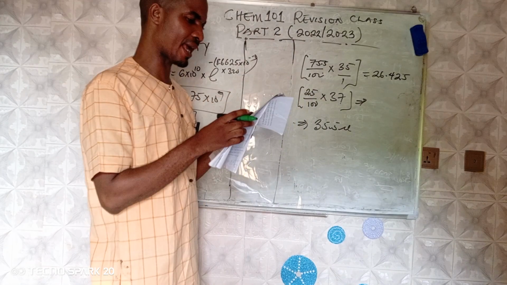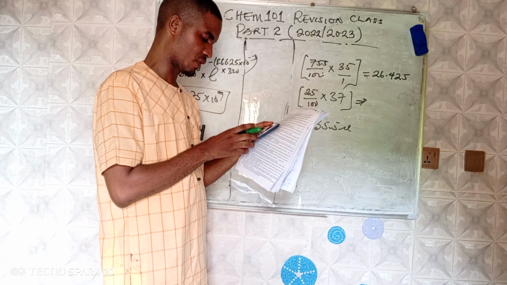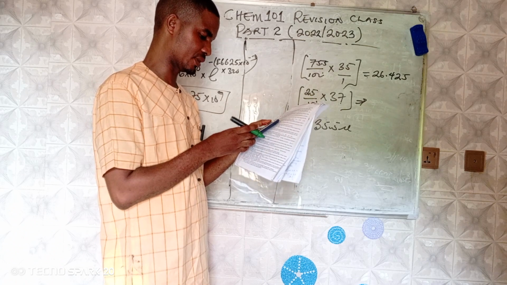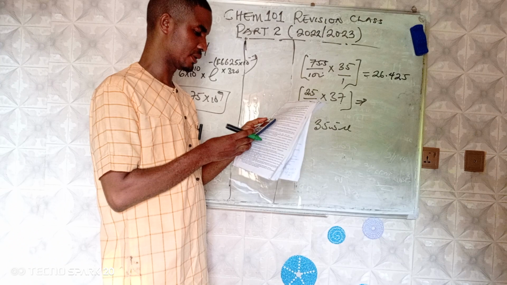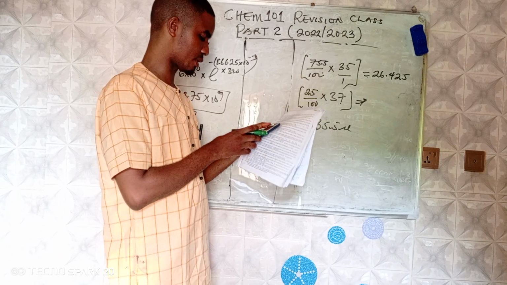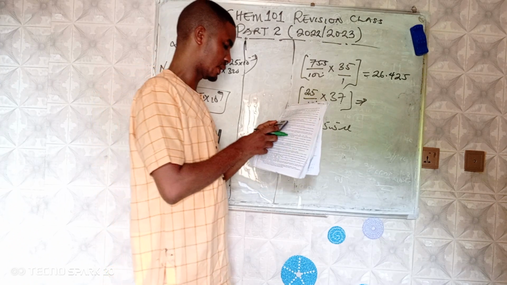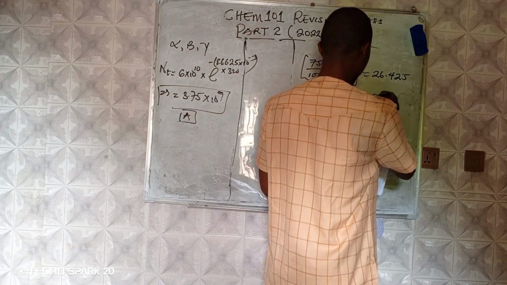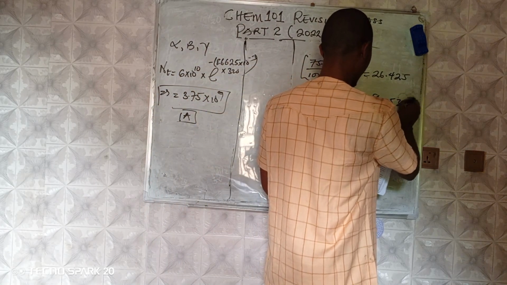It is 24.47 divided by 100, then times 37, and that gives us 9.0539.